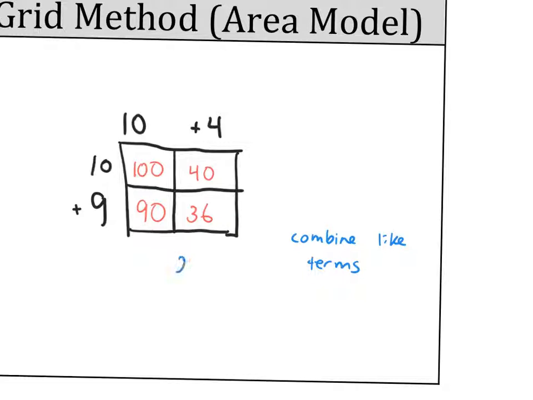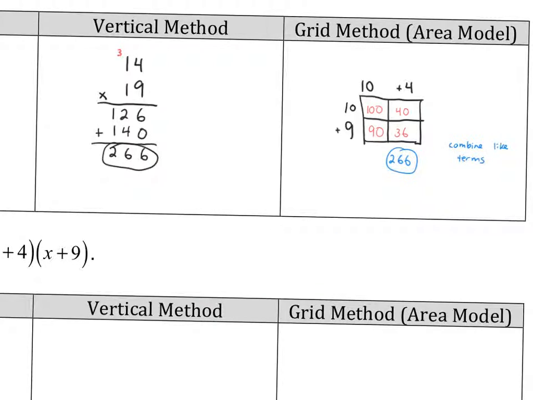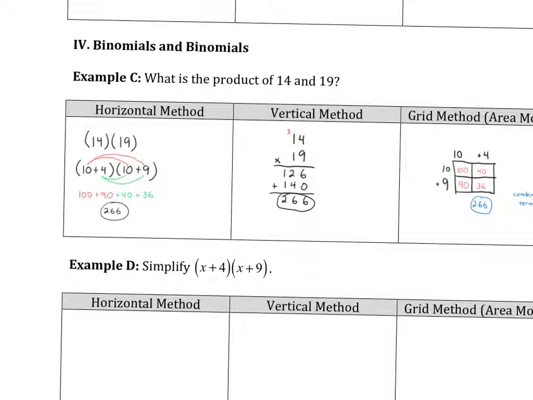In the end, we still get 266. The point of showing you this is that you've already been using the methods we're going to teach today. You've already been, especially with this problem, doing distribution. The 9 gets sent to the 4 and the 1, and the 1 gets sent to the 4 and the 1. We've been doing the double distribution already, or if you prefer, the grid method.